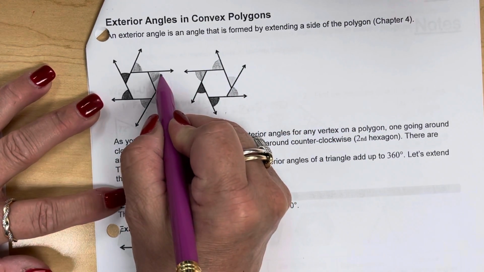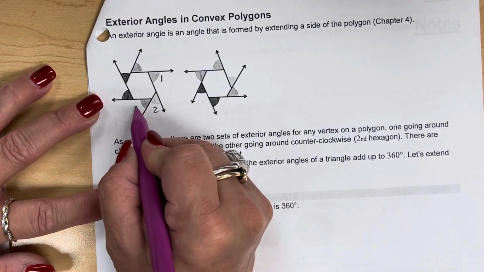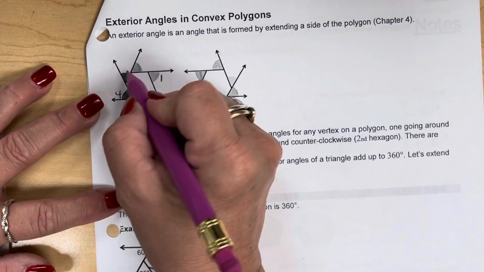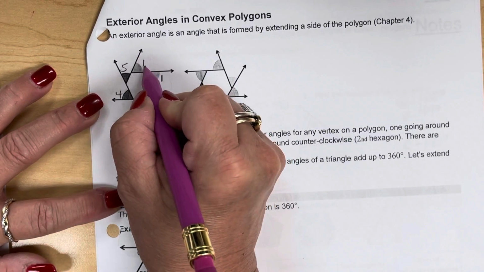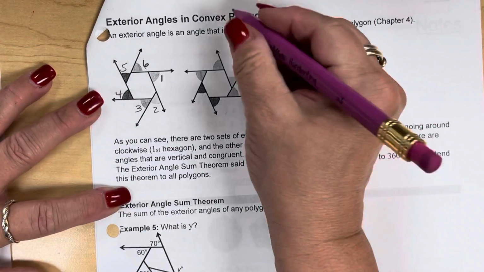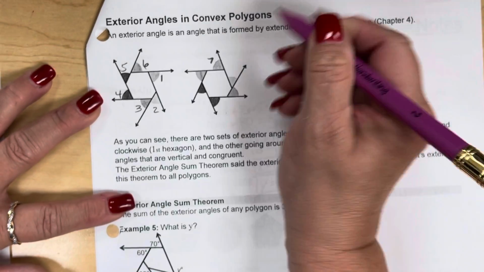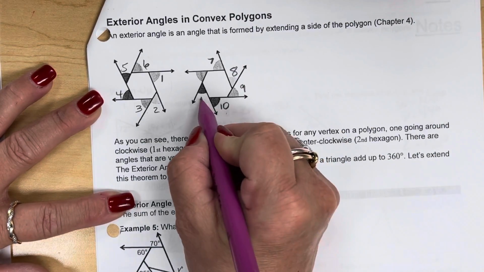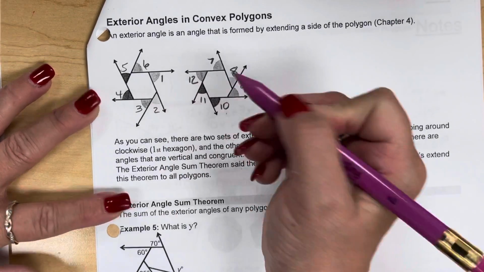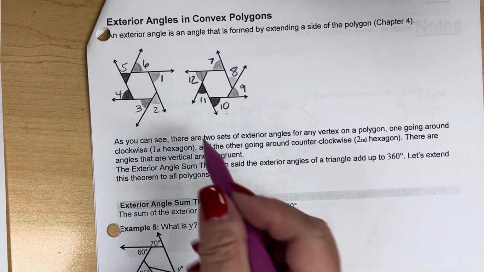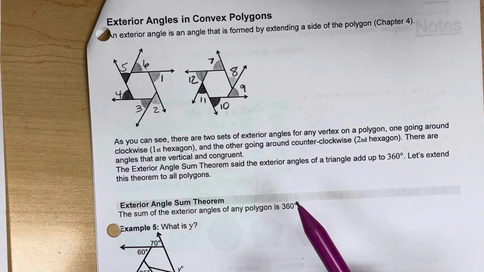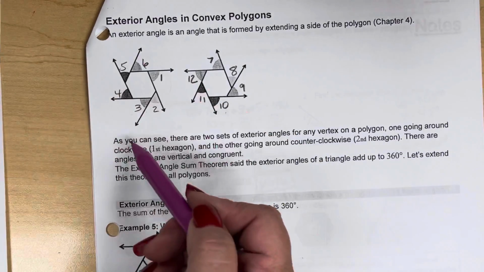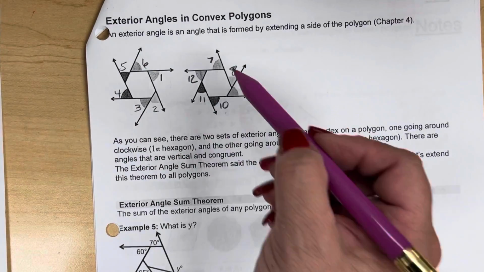We're going to just go around 1, 2, 3, 4, 5, and 6. And then over here, I'm going to continue 7, 8, 9, 10, 11, and 12. So it gives you 12 different angles, okay? 6 going clockwise and 6 going counterclockwise.